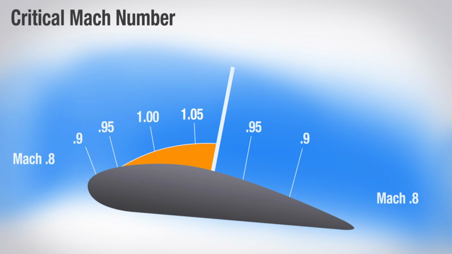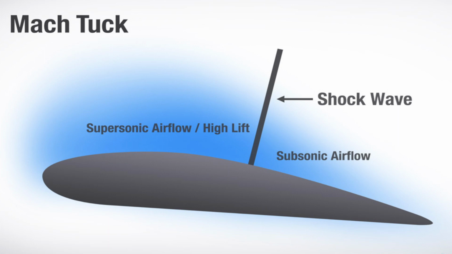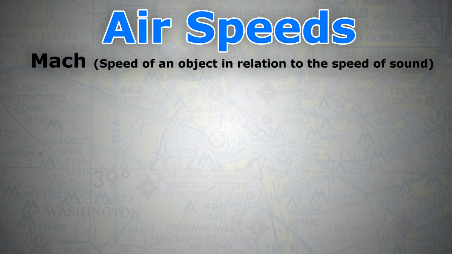When the airflow reaches Mach 1, keep in mind now that the aircraft itself is still below Mach 1, a shock wave starts to form above the wing. This shock wave creates a huge amount of drag and causes the center of pressure to move aft of the center of gravity, which results in a phenomenon called Mach tuck or tuck under. This is a rapid pitch down moment caused by the shock wave.